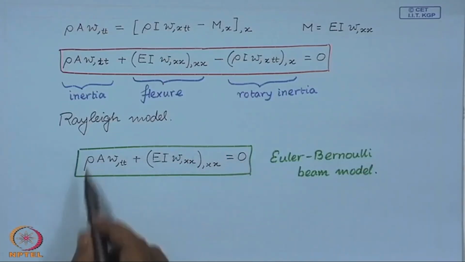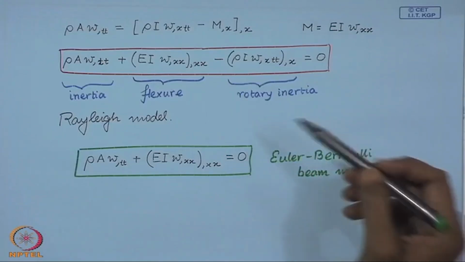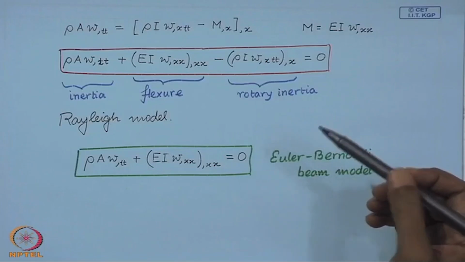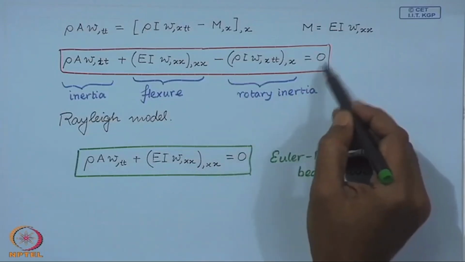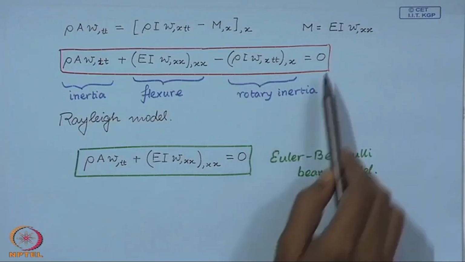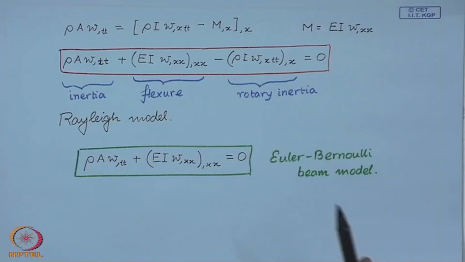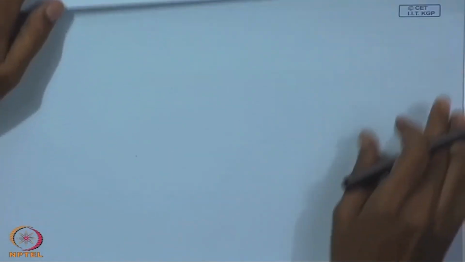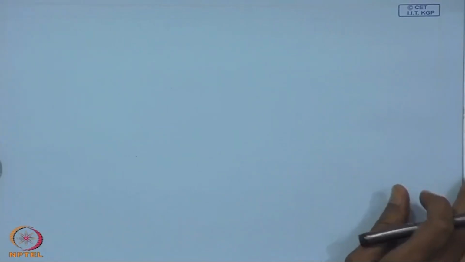So, the Euler-Bernoulli beam model does not have this rotary inertia which is present in the Rayleigh beam model. Now, when you have forcing, then instead of this 0 on the right hand side, you have the force distribution. So, these are two very simple models for beams. Next, we are going to discuss the variational formulation for beam dynamics.